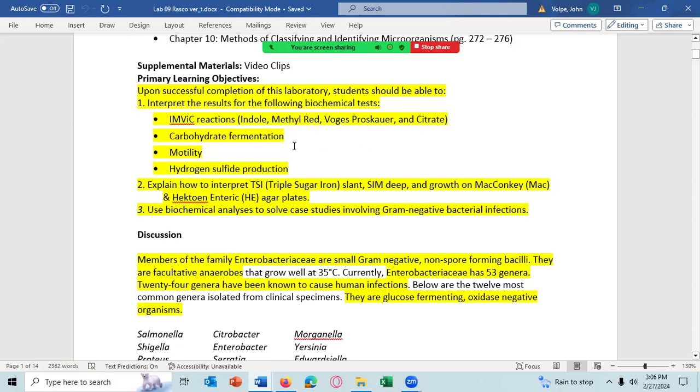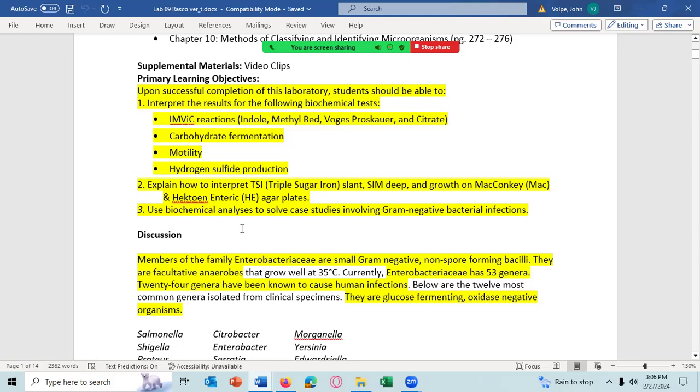We'll also talk about the carbohydrate fermentation tests, and those are a number. They are all the same, but they're fermenting a single sugar. And instead of calling it glucose fermentation, lactose, sucrose, whatever, I'm just calling it carbohydrate fermentation. We'll also talk about the motility test and the hydrogen sulfide production test.